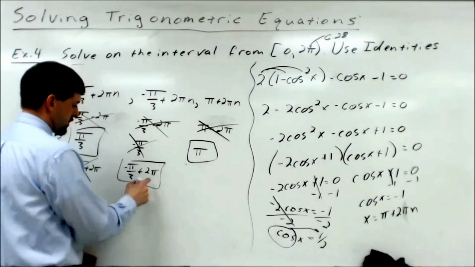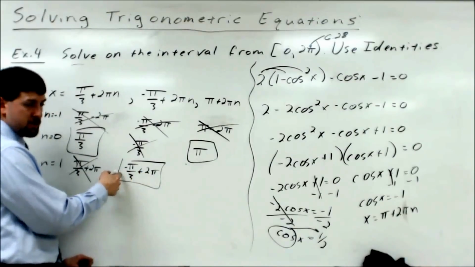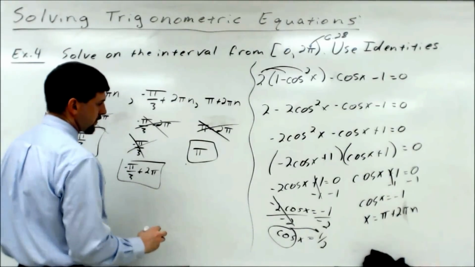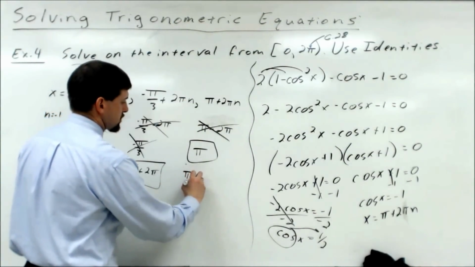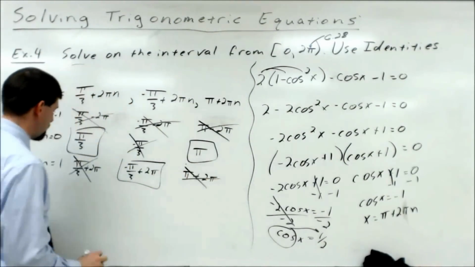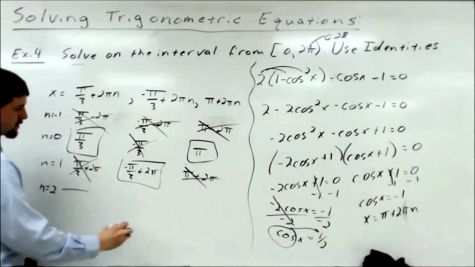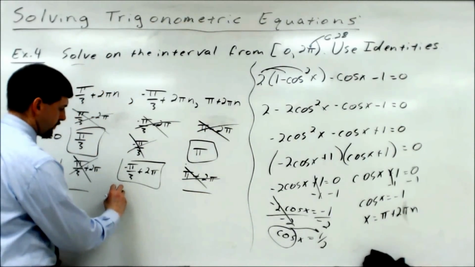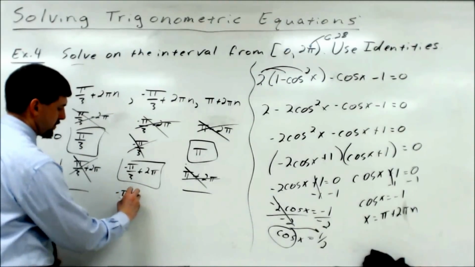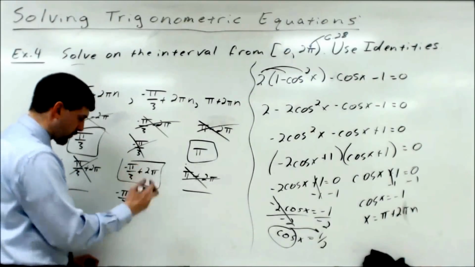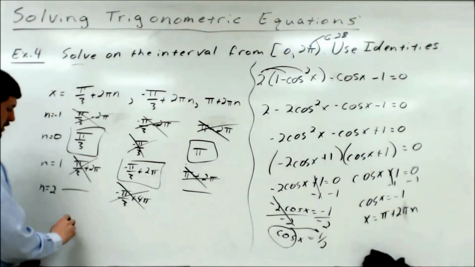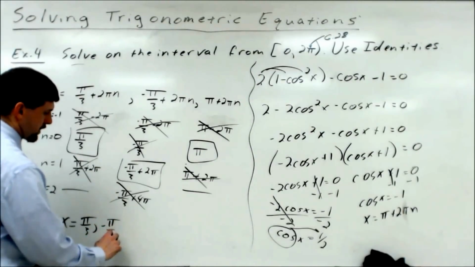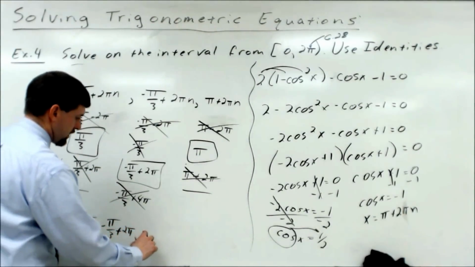That one does work because it's 6 minus 1, about 5.23, we've already found. And pi plus 2 pi, bigger than 2 pi, won't work. N equals 2, don't have to try these two because we've already blocked off the solutions. Negative pi over 3 plus 4 pi, 12 minus 1, again, is too big. So our solution set is pi over 3, negative pi over 3 plus 2 pi, and pi.